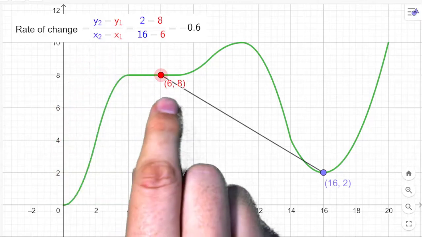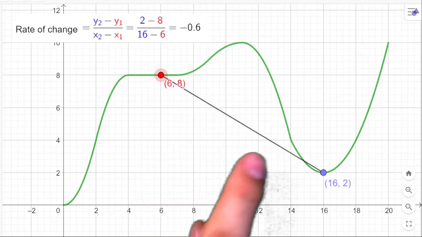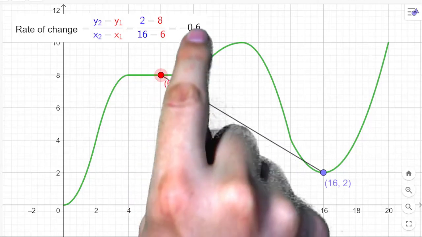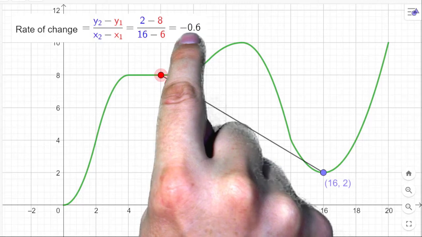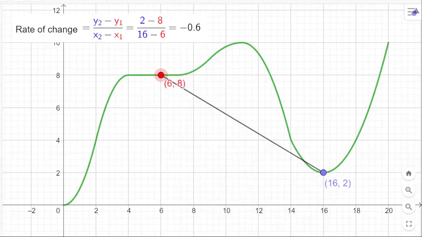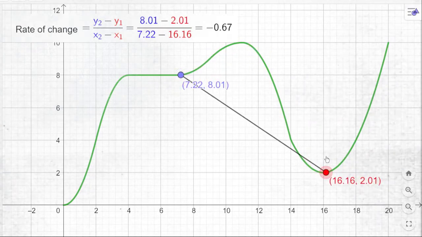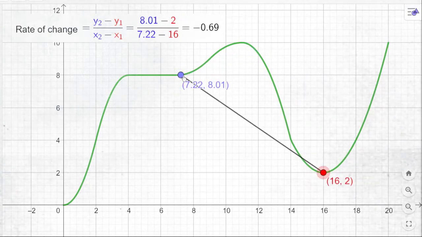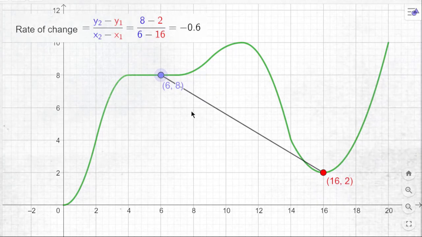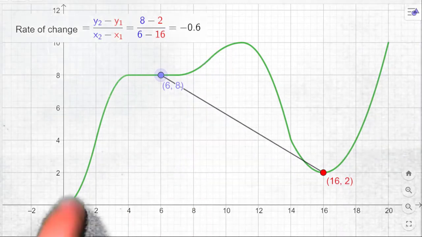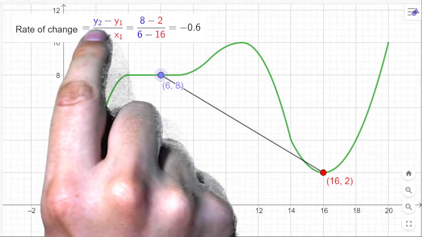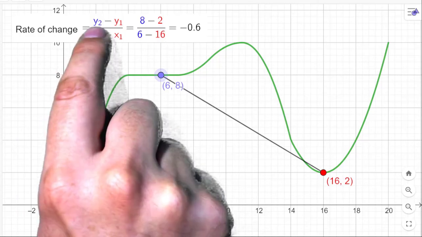Now, does it matter which point you call point 1 and point 2? Well, no, that doesn't matter. Watch. This number is negative 0.6. I can flip these 2 points. Let's put this blue point at 6 and the red point at 16. And you see, I get the same answer. All that matters is that I'm consistent in the numerator and denominator.